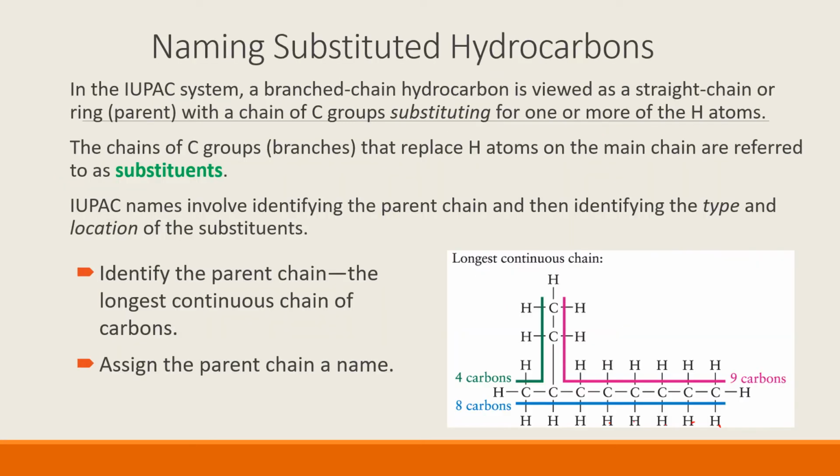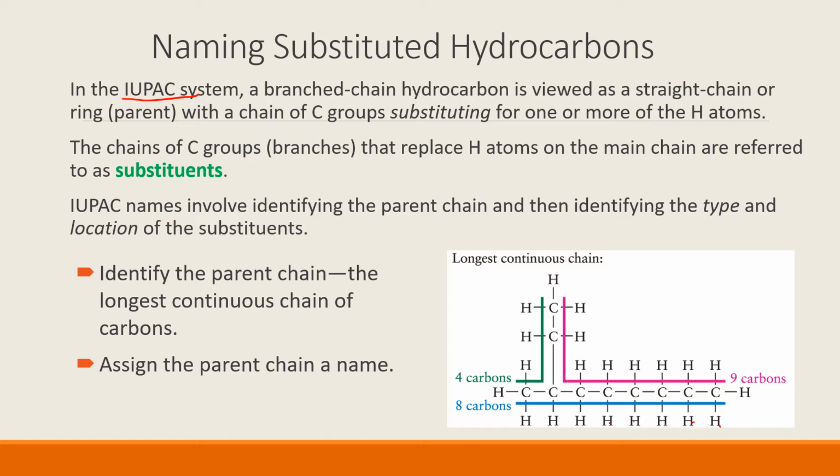Every organic compound has a unique name that is based on systematic rules created by IUPAC. As we know, IUPAC stands for International Union of Pure and Applied Chemistry, and that's the institution which makes all the rules for chemistry.